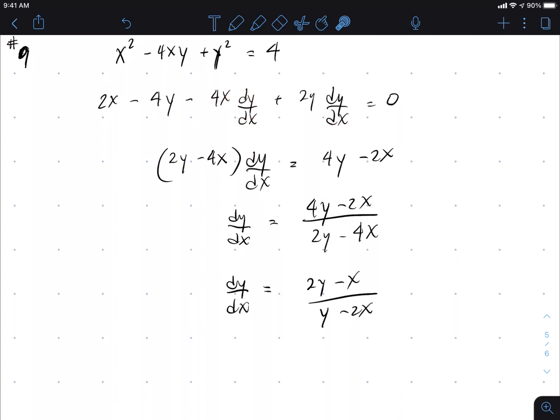This one is because of this product rule, correct? I can't see what you're doing on the whiteboard. Don't you see a red dot? No. I'll leave and come back because something's going on. Okay, when you get back, let me know, and then I'll answer your question.